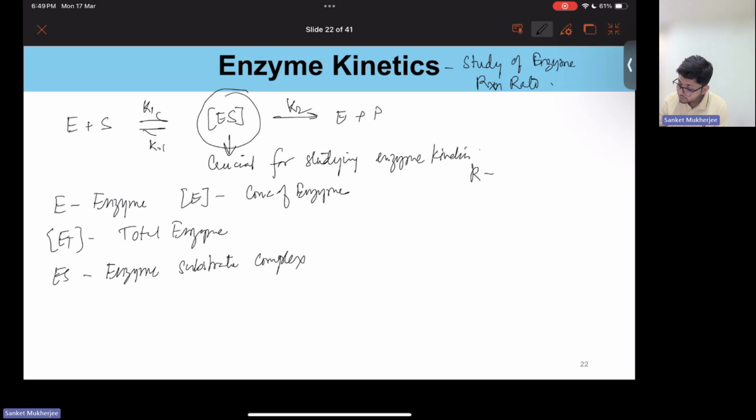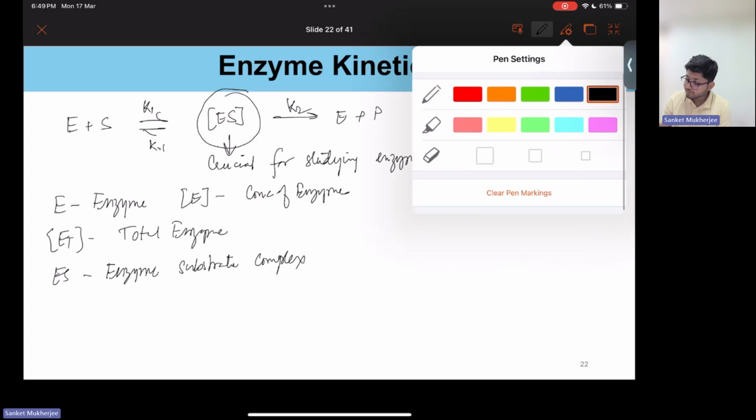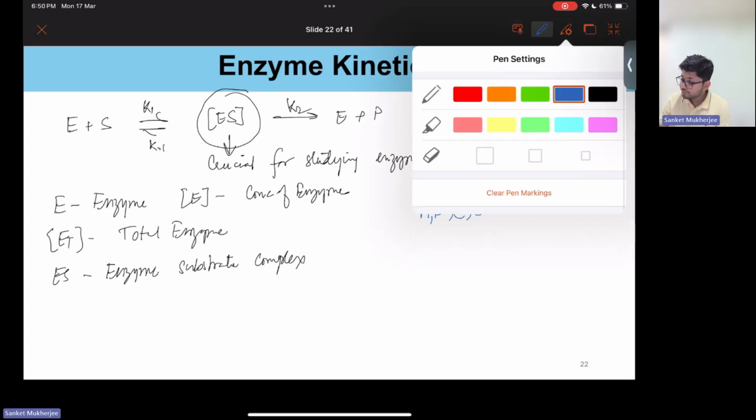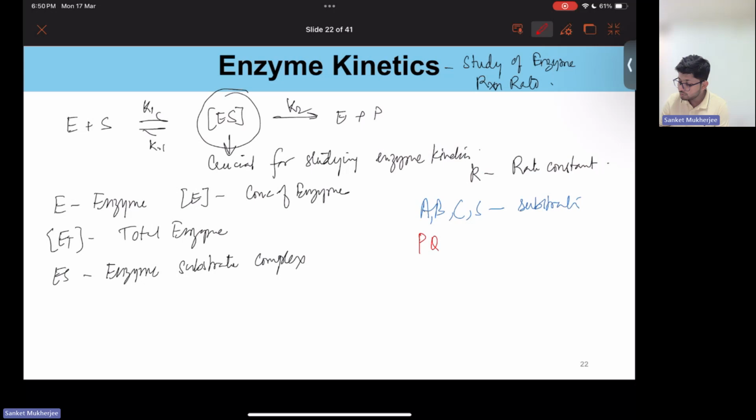K is rate constant. If we have, let's say, A, B, C, S, whatever, these are all substrates. And if we have P, Q, R, these are all product.